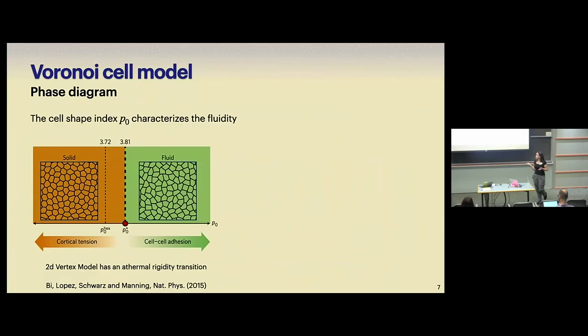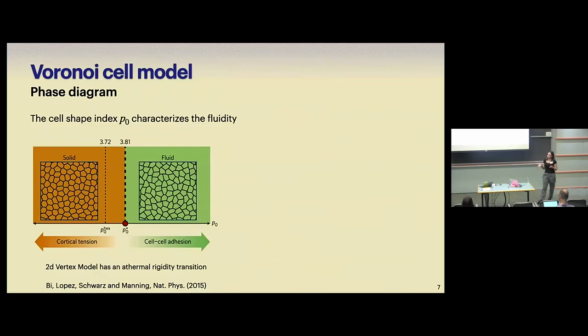In this representation of the model, this target perimeter P0 is also known as the cell shape index, and this is a very important parameter in characterizing the behavior of the model. In particular, in the 2D vertex model, there is an athermal rigidity transition at some critical value of this shape index P0, which is at 3.81.